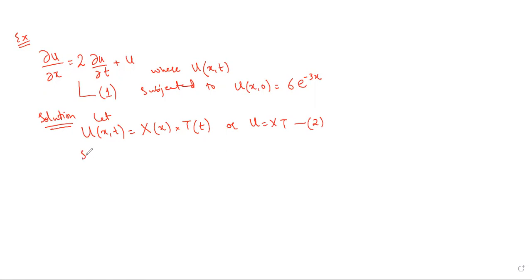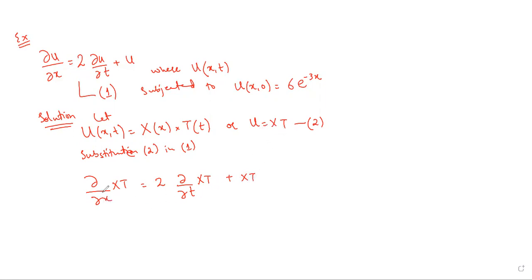We just have to substitute our supposition, or you can say substitute equation number two in equation number one. You will have the partial derivative with respect to x of X into T, that is equal to 2 times the partial derivative with respect to t of X into T, plus X into T. We have just substituted the value of u as per our supposition.